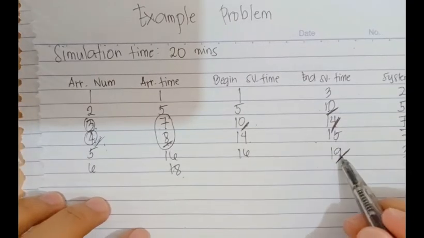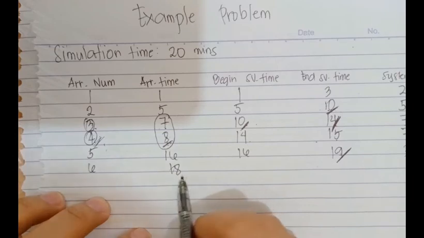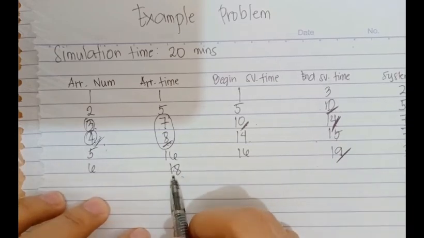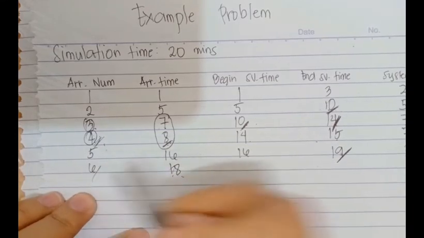So from 18 to 19 minutes, how many entities are waiting in the queue? We have entity 6.